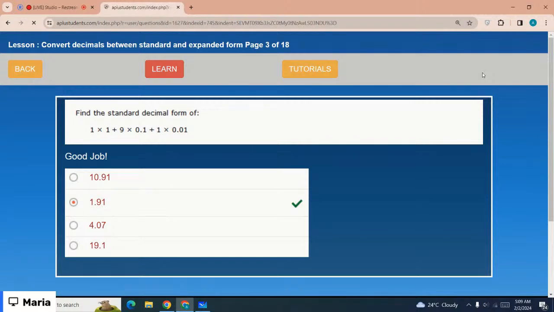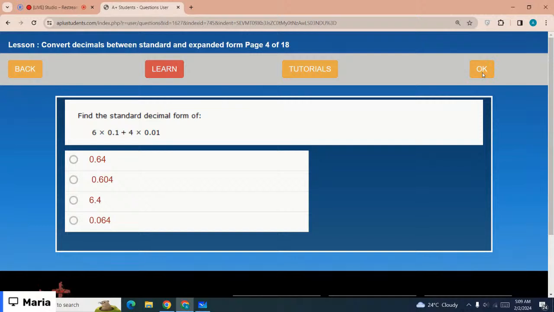The next one is, find the standard decimal form of 6 times 0.1 plus 4 times 0.01, which is the correct option. The correct option is 0.64, not 604.